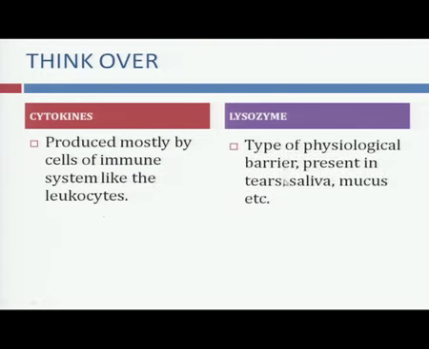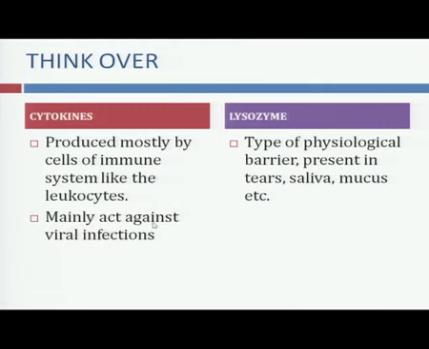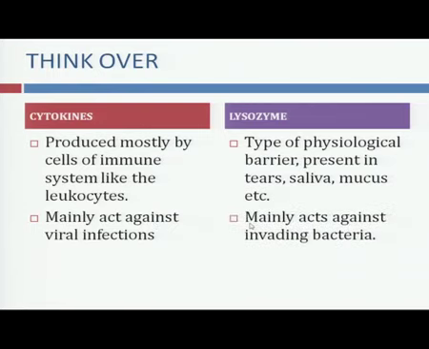On the other hand, lysozymes are enzymes which are present in tears, saliva, mucus, etc. Furthermore, cytokines mainly act against viral infections, while lysozymes are there for bacteria. They degrade the cell wall of the bacteria, thereby killing them.